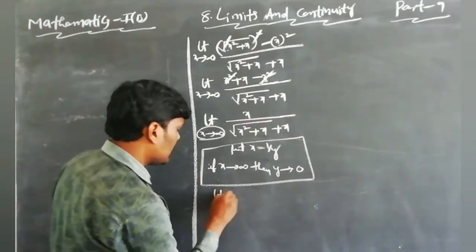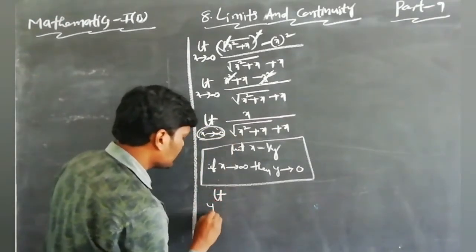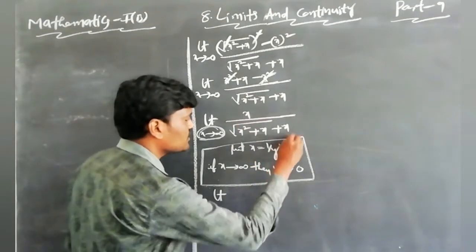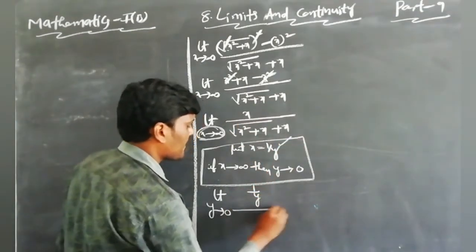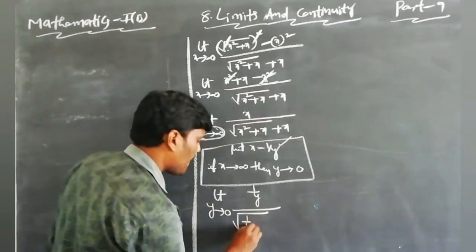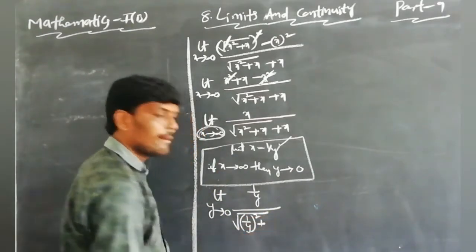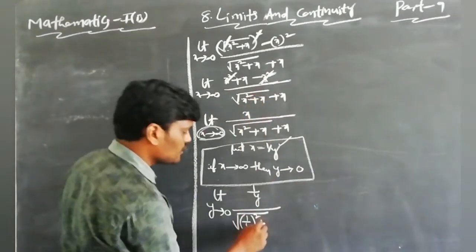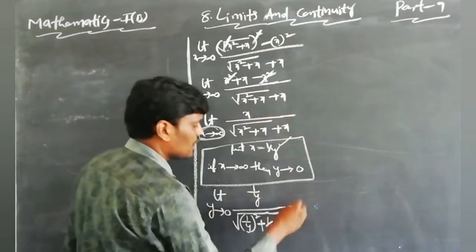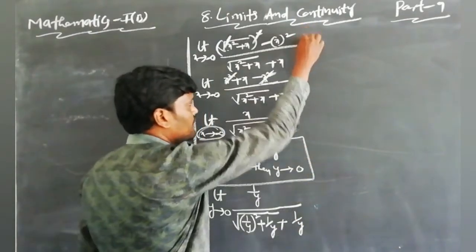After that, limit y tends to 0. What is the x value here? 1 by y, all by square root of x value 1 by y whole square plus x value 1 by y, plus here also x value 1 by y.